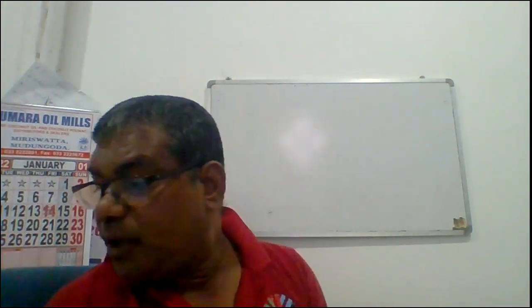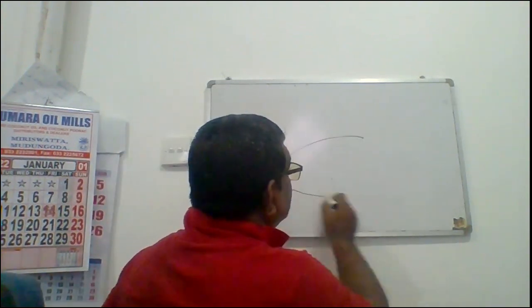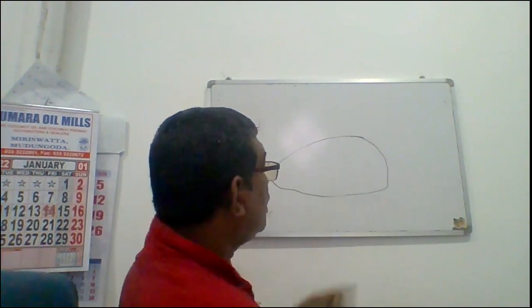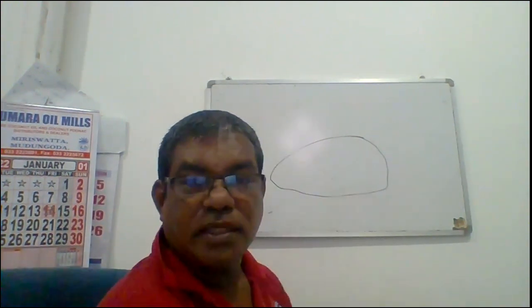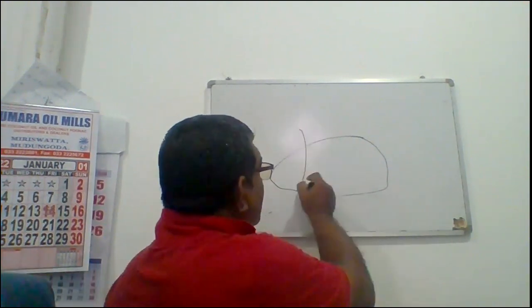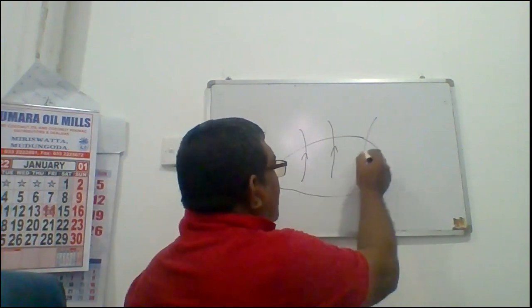The Ampere law says there should be a circular magnetic field. It should be a closed one, something like this. Then there is a current passing through the current carrying conductor.